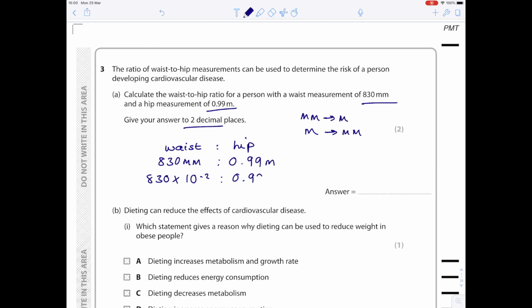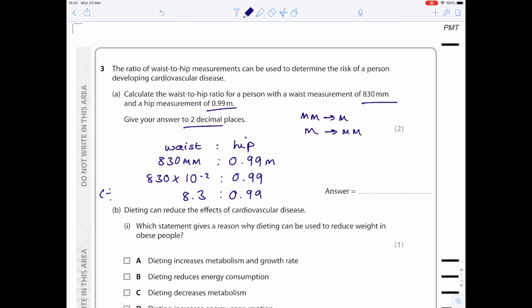Our 0.99 stays as it is, and then once I've popped that into my calculator, I know I'm doing 0.83 to 0.99 as a ratio, and then in order to get a ratio, just pick the smallest number and divide both sides by that, so that's 0.83, and when you do that you get a ratio of 1 to 1.19.